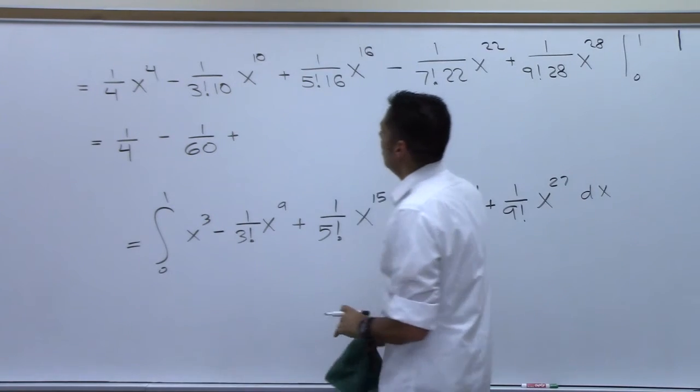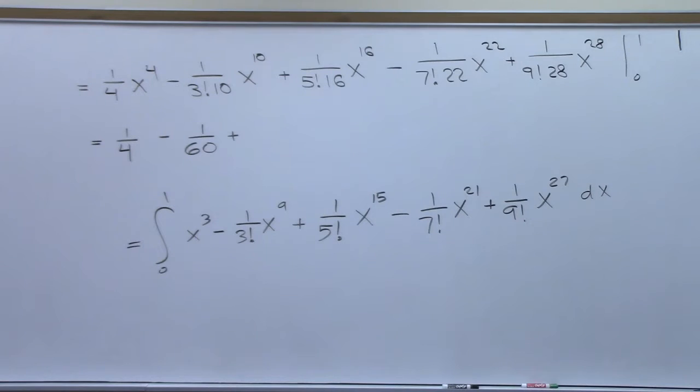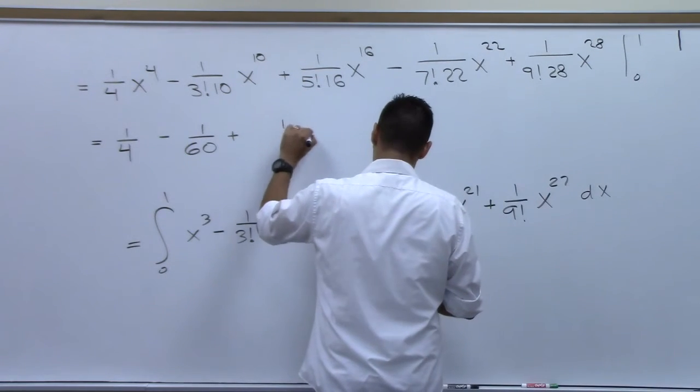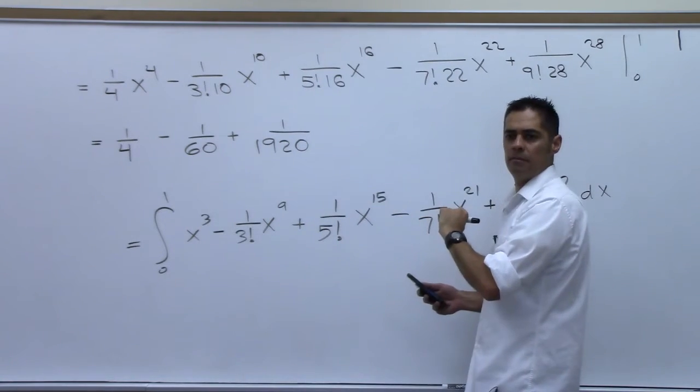plus, all right, 5 factorial, you need a calculator here. 5 factorial, 120 times 16, right? 1,920. Anyone else get that?